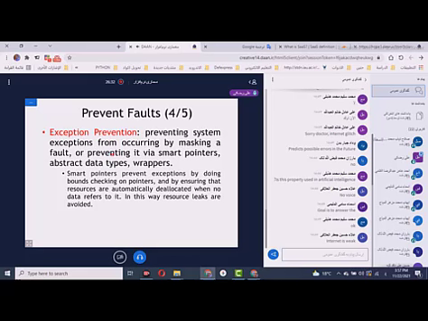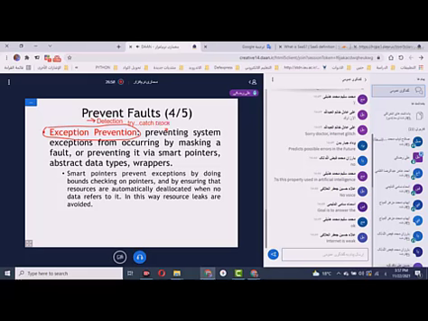Okay, let's continue. Exception prevention. I told you before about exception detection. I told you about the try catch block, if you remember.